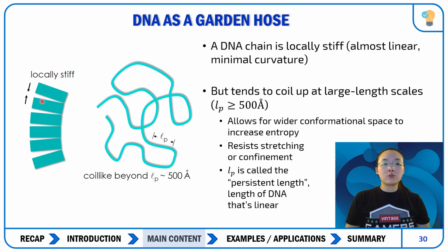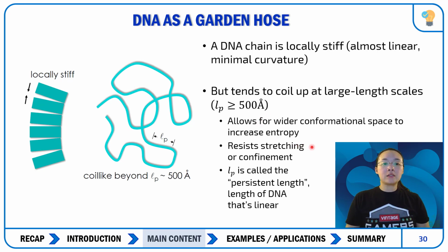So individual pieces are locally stiff, and we can say that the DNA chain is locally stiff and almost linear when there's minimal curvature. So that makes sense. But at large scale lengths, specifically for DNA, anything past 500 angstrom, it tends to coil up.